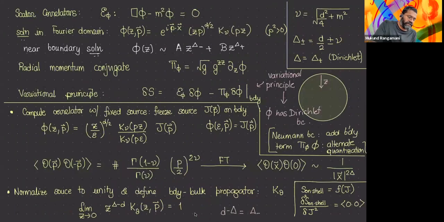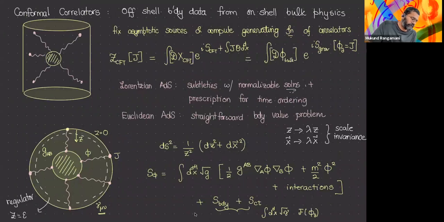Okay. Or you can do the following. You can go back to my action with the phi cube term. So here you can imagine having an h phi cube term, and you can plug in the solution obtained at quadratic order for the quadratic action. These two terms will go away.